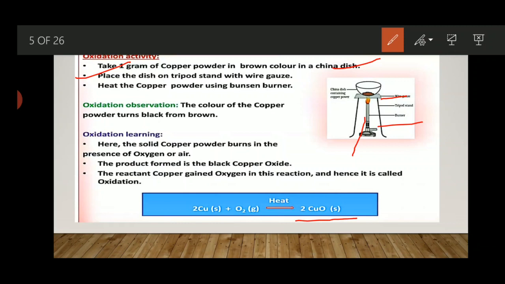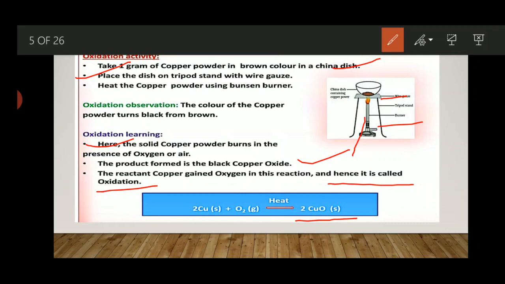So here what we learned, the solid copper powder burned in the presence of oxygen, the product formed is black, that is copper oxide. The reactant copper gained oxygen in the reaction, hence it is an oxidation process.